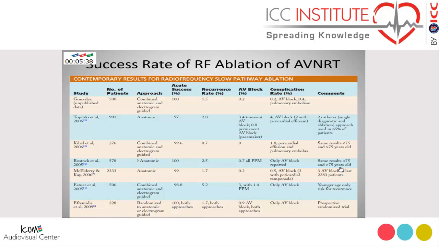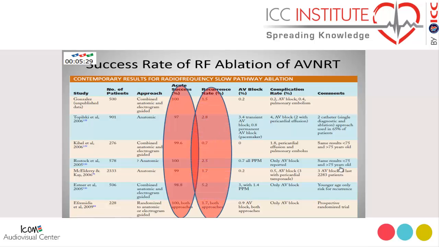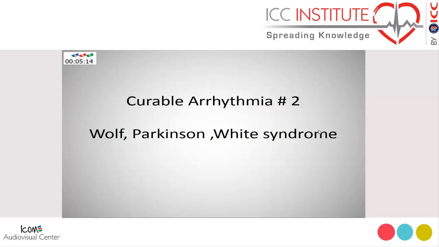So why do we do ablation for this patient? It's quite easy. The acute success rate is above 95%, and the recurrence rate is very low. Complication rate, as we can see, is minimal, 0.2, 0.4%, very low. So it is a very safe procedure, very effective, very low recurrence rate, as opposed to antiarrhythmic therapy.